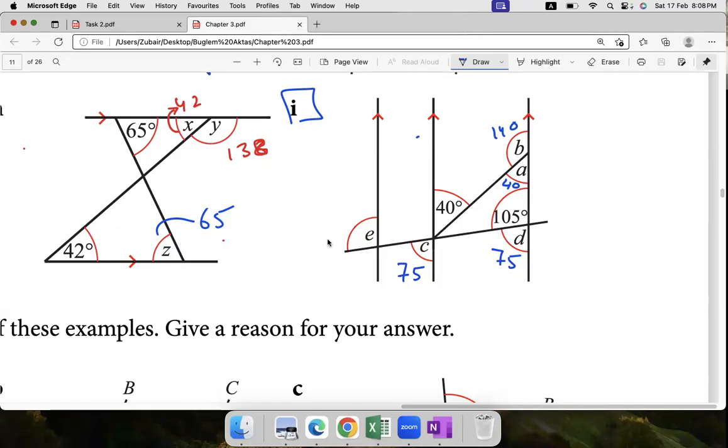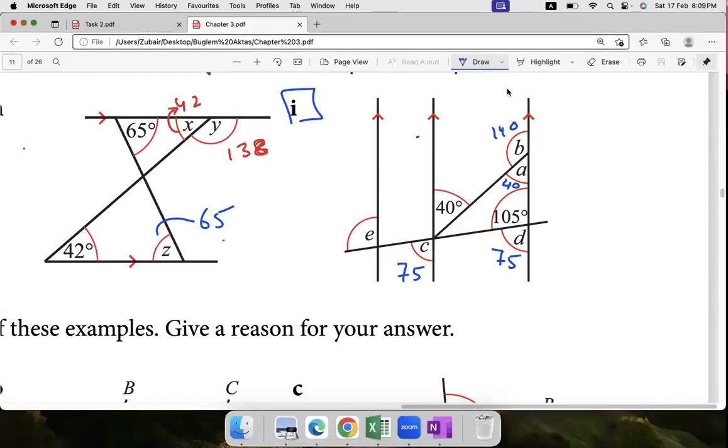And E is 75 as well. No. Isn't it? Like 40 and then E is also corresponding to what? 105.